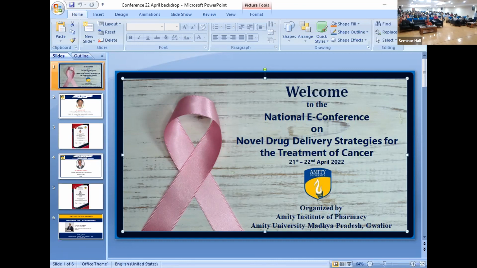It gives me immense pleasure to introduce our first speaker of today's session, Dr. Gautam Rath. Dr. Rath is a professor, Department of Pharmaceutics, Siksha O Anusandhan deemed to be University, Bhubaneswar. He is a leading scientist in the field of cutting-edge platform technology, that is nanotechnology, for site-specific targeted delivery of drugs and bioactives.